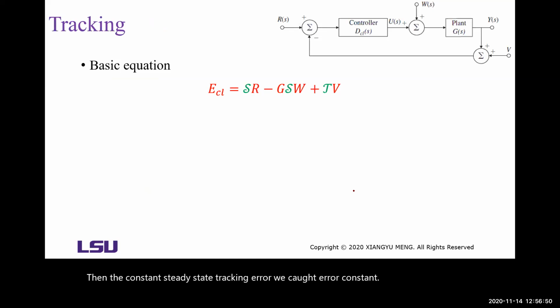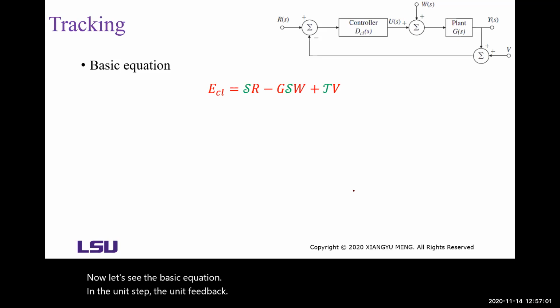Now let's see the basic equation. In the unity feedback system, the tracking error is equal to the sensitivity function times the reference input.